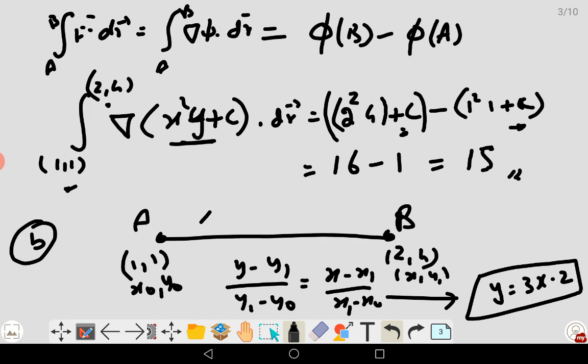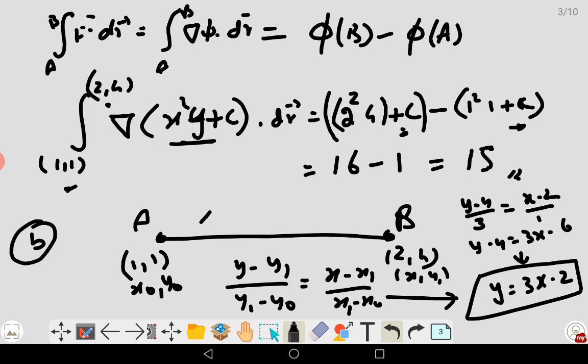When you substitute, y minus 4 over 3 is equal to x minus 2 over 1. So y minus 4 is equal to 3x minus 6, so minus 4 will be positive 4, you will get this.